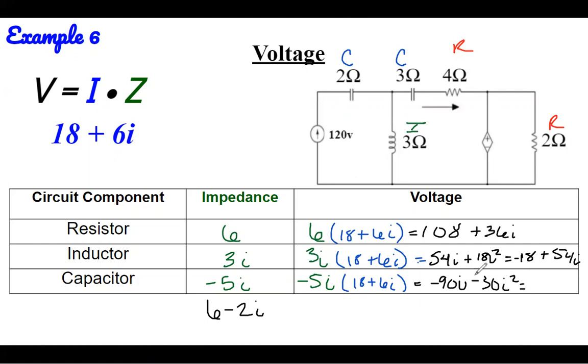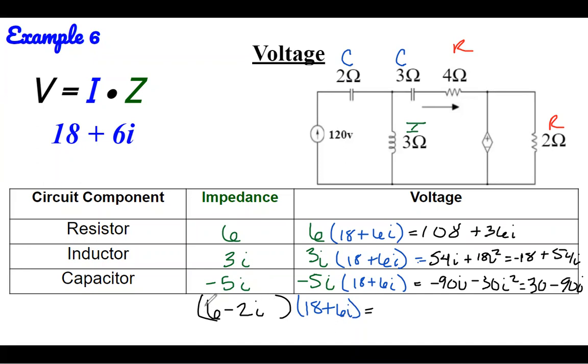Simplify it and we get 30 minus 90i. All right, and then all together, pass it on, Angel. Joaquin, there you go. 18 plus 6i, we're going to multiply all together.